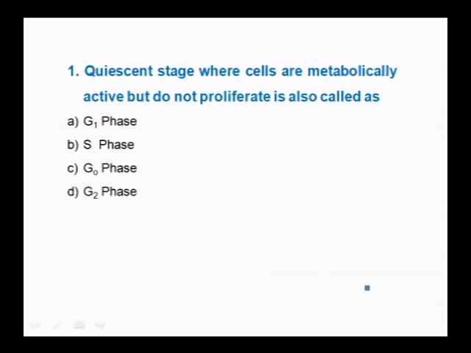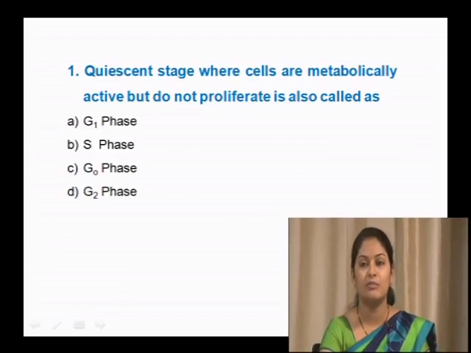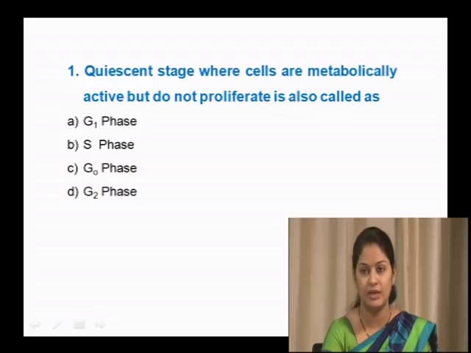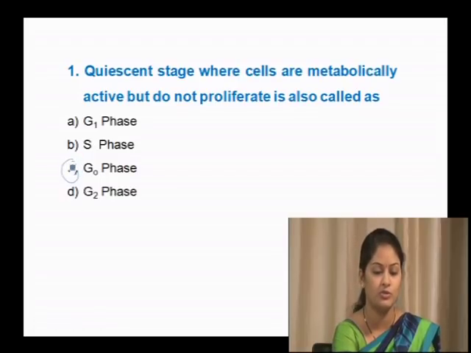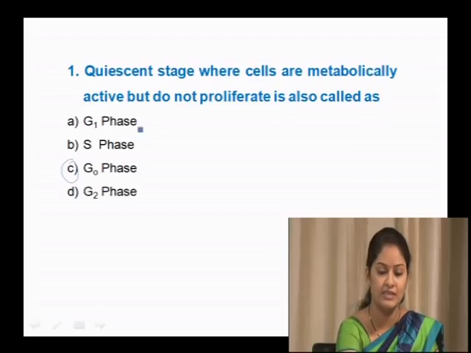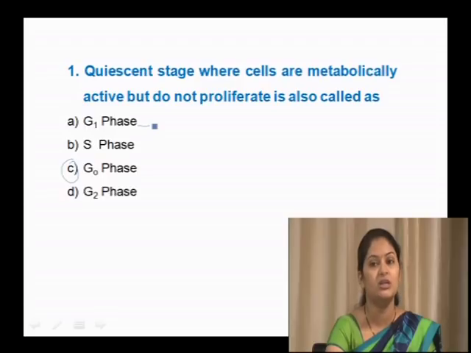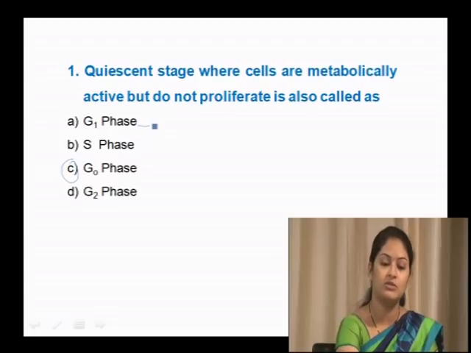Moving on to questions. The first one: the quiescent stage where cells are metabolically active but do not proliferate is also called as... Meaning, the quiescent stage where the cells are metabolically active but they do not multiply or divide. So, it is indicating that the cells are active but they are not dividing. The answer for this is, as mentioned before, option C, because in G1 phase there will be preparation for mitotic division; all the proteins for DNA synthesis as well as cell division will be formed during G1 phase.